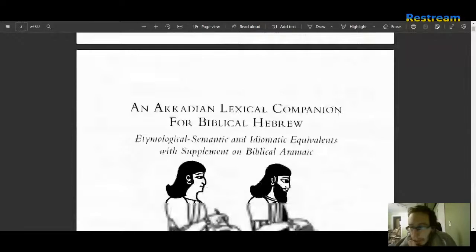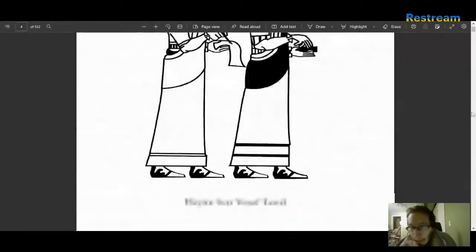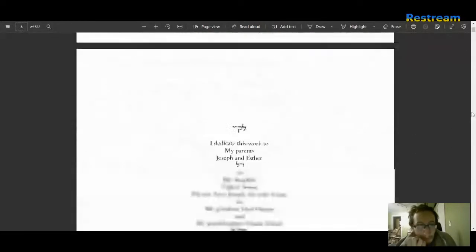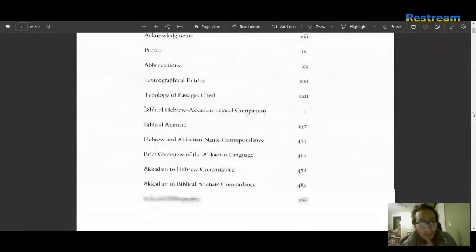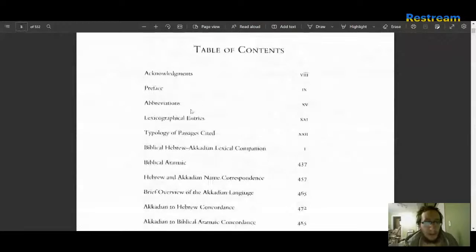So let's skip down some. In the table of contents, we see there's the preface, then the abbreviations, lexicographical entries, typology of passages cited.